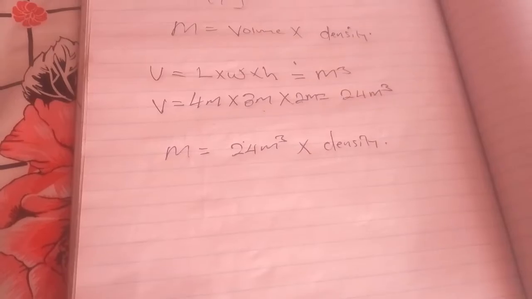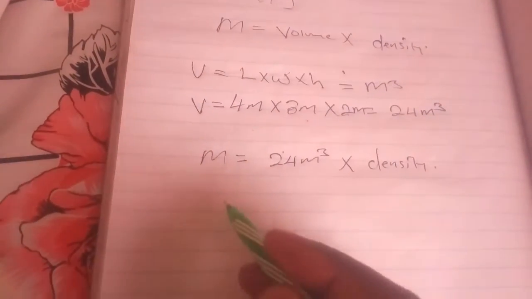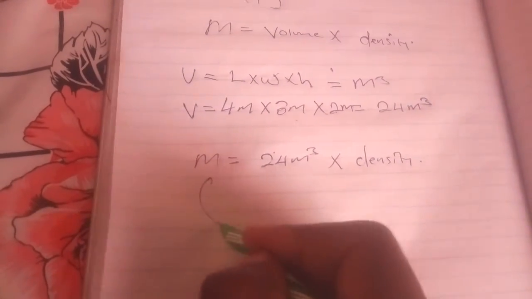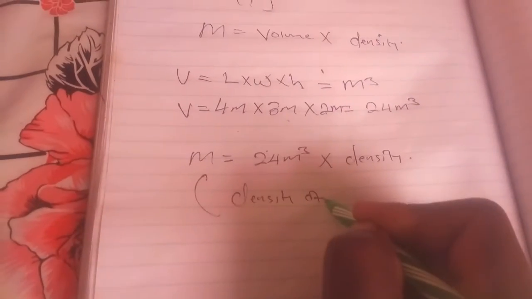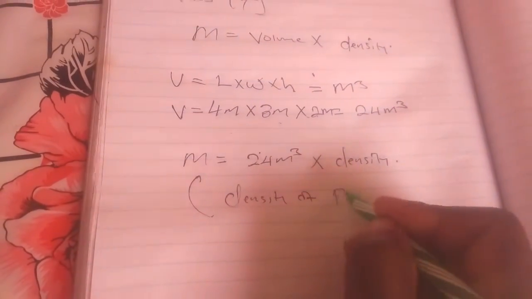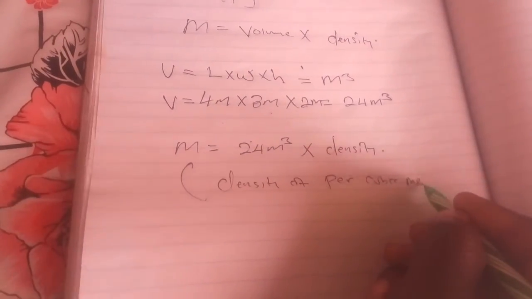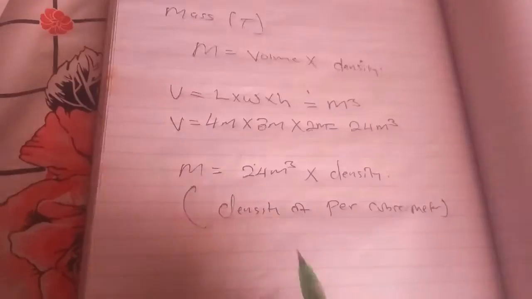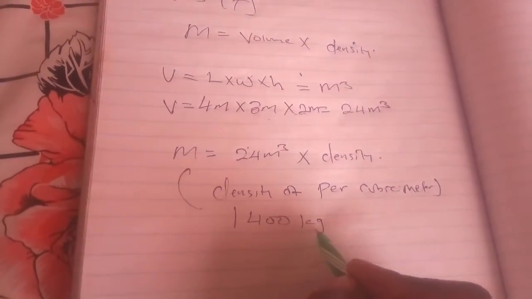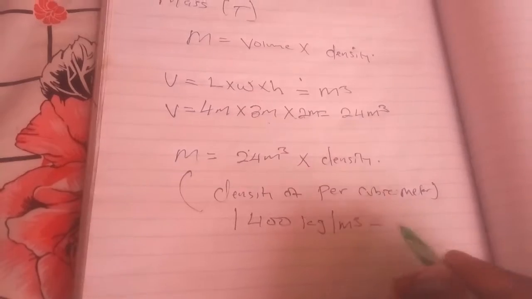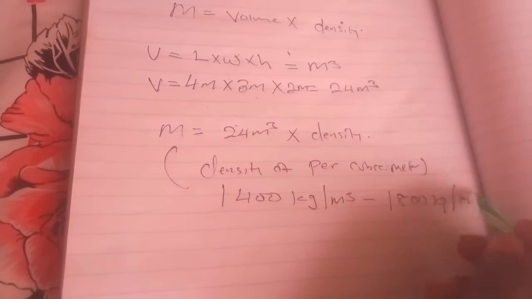According to research and the measurements used worldwide, the density of sand per cubic meter ranges between 1400 kilograms per meter cubed to 1800 kgs per meter cubed.